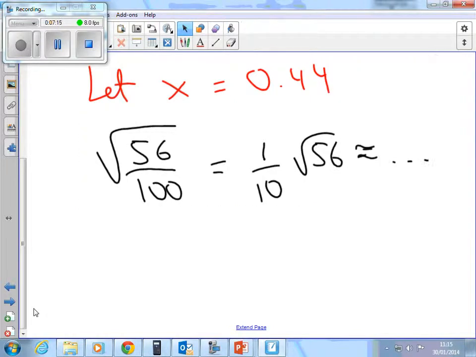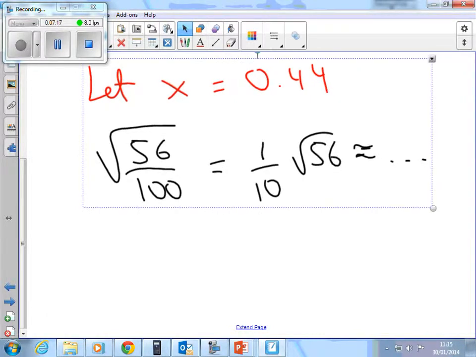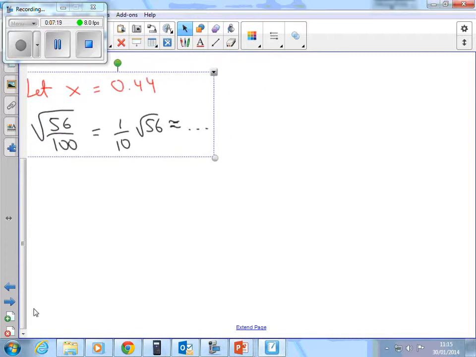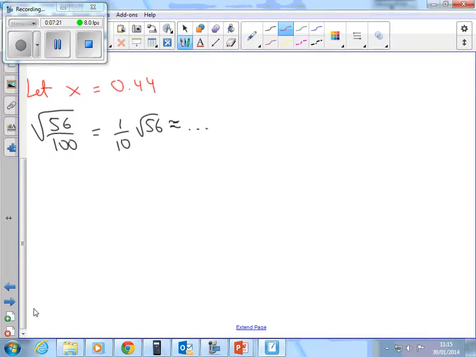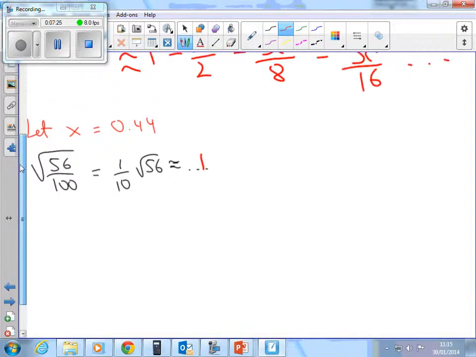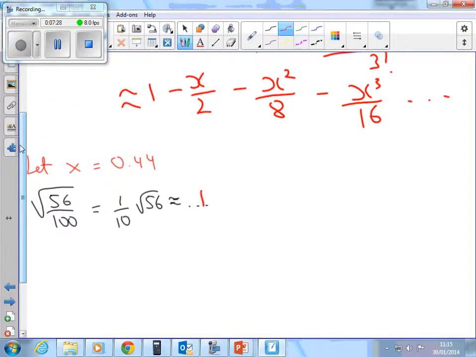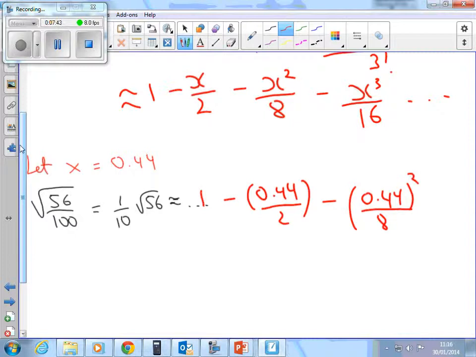So 1/10 the root of 56 when x is 0.44 is approximately equal to 1 minus 0.44 over 2 minus 0.44 squared over 8.